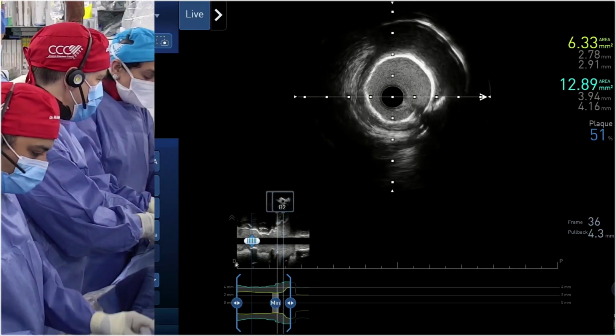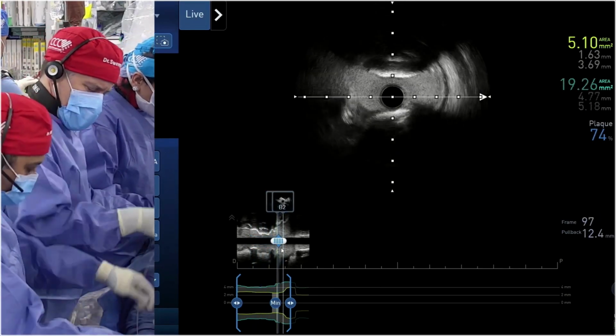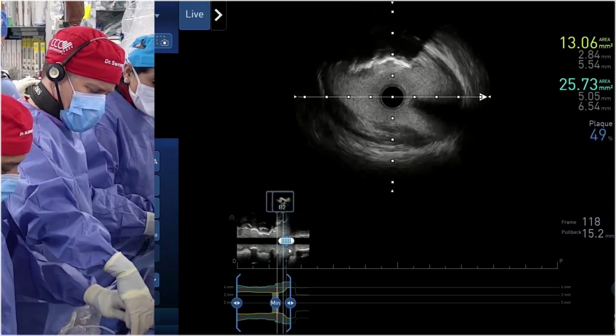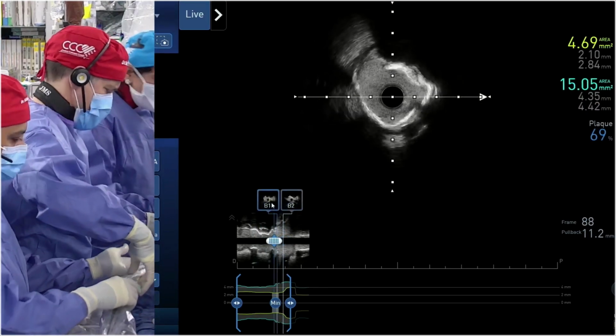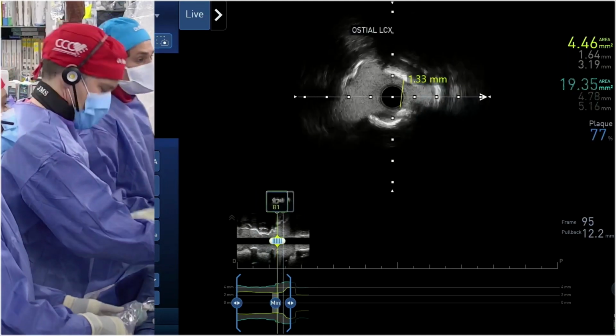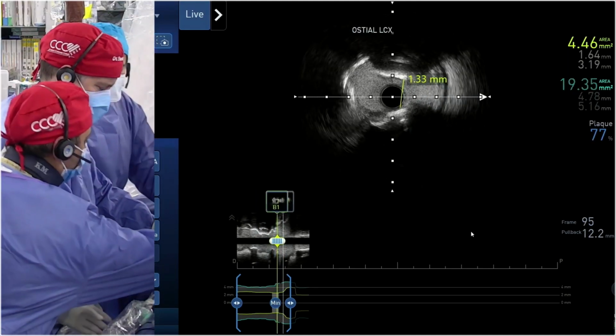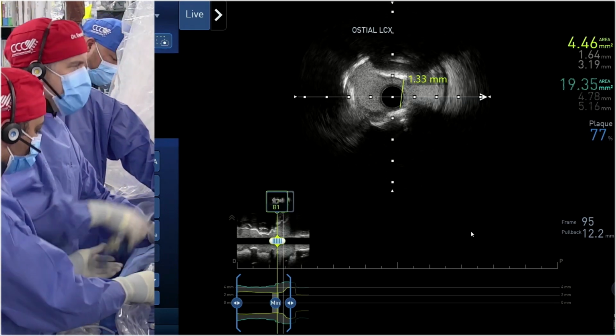We actually have another publication on whether OA or RA is better when you have this nodule. The nodule again depends on how much is protruding into the lumen and the diameter of the nodule, where we call it a mini nodule or massive nodule. 90 degrees or more than 90 degrees, yes.